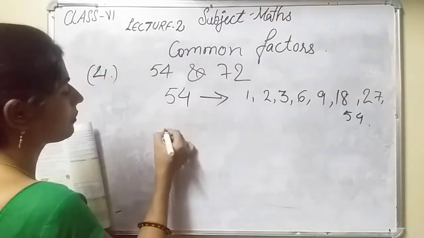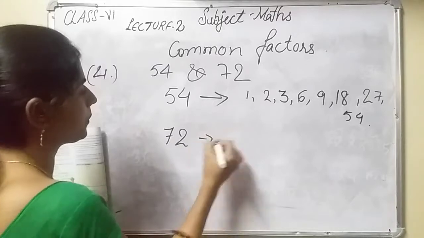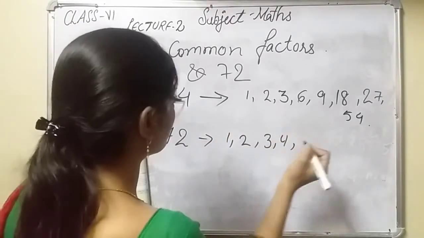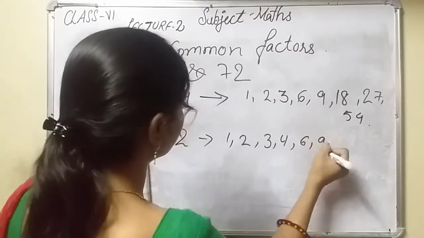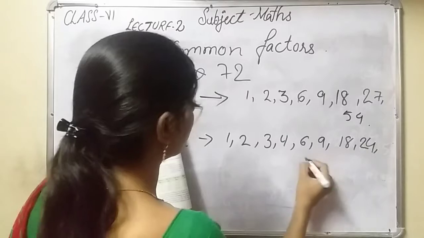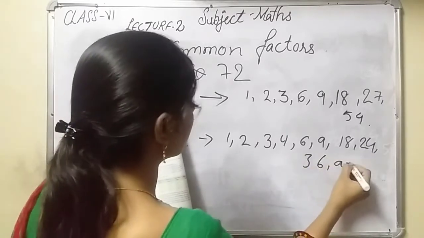Now what are the factors of 72? 1, 2, 3, 4, 6, 9, 18, 24, 36 and 72.